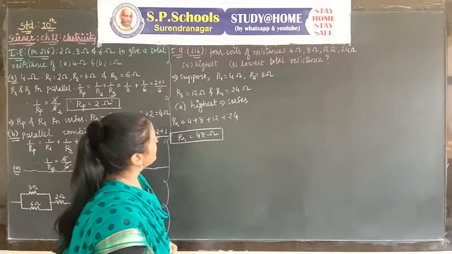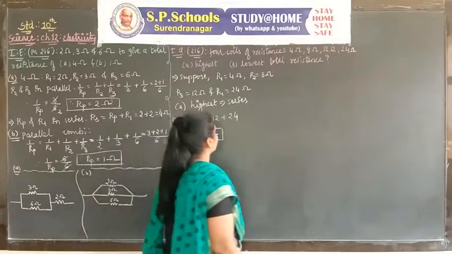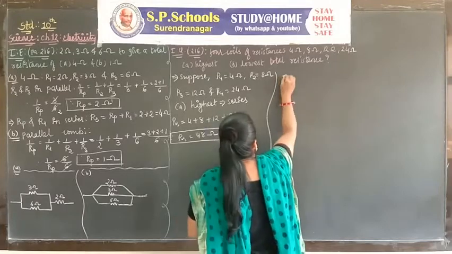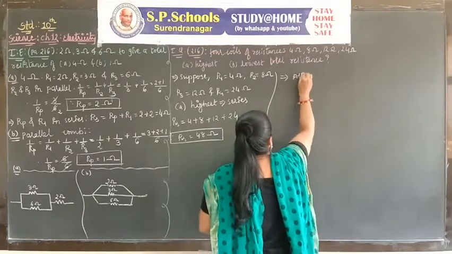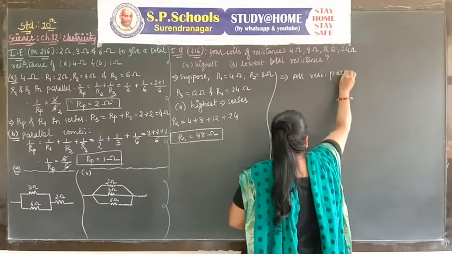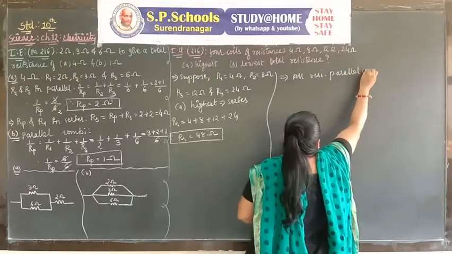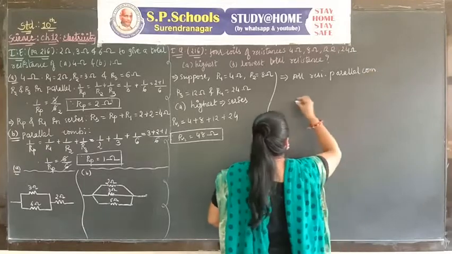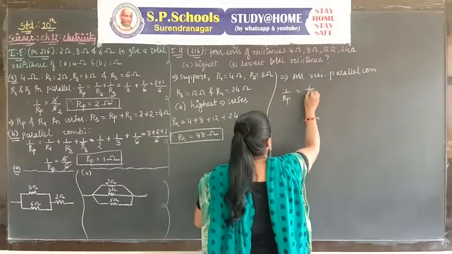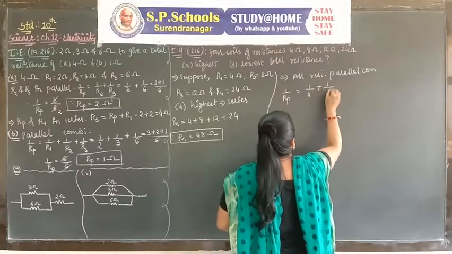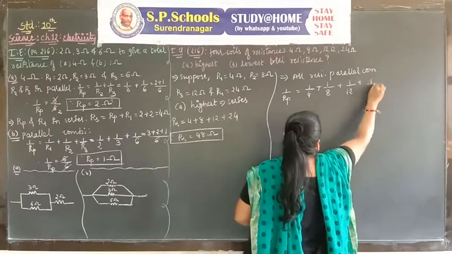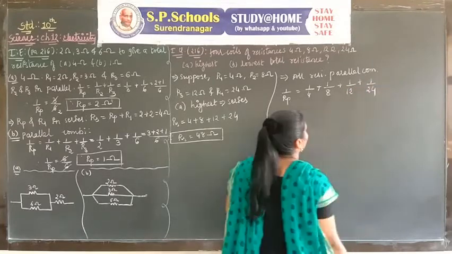Now we go through the lowest resistance. To find the lowest resistance, we arrange all resistances in parallel combination. So the equivalent resistance: 1 upon Rp is 1 upon 4 plus 1 upon 8 plus 1 upon 12 plus 1 upon 24.